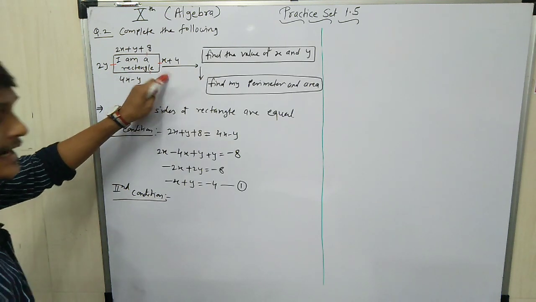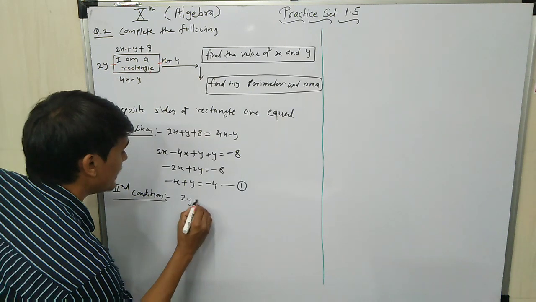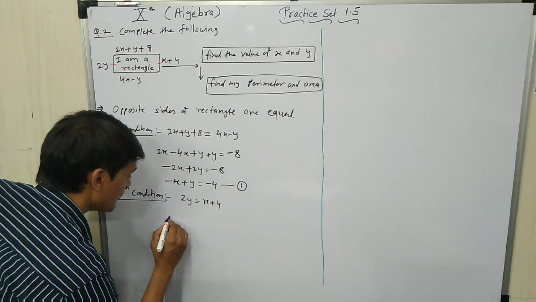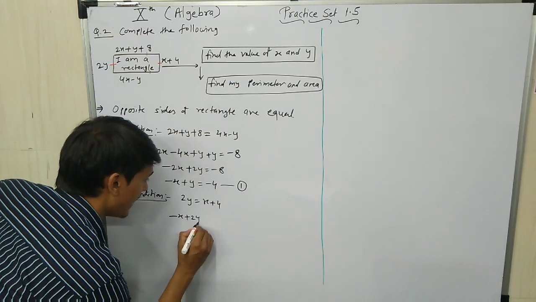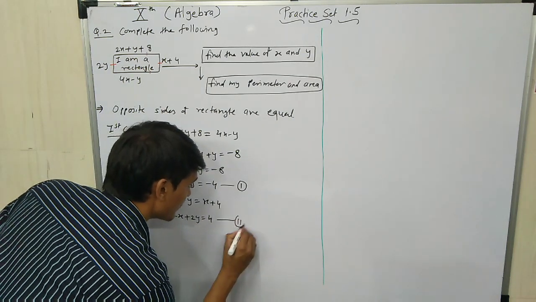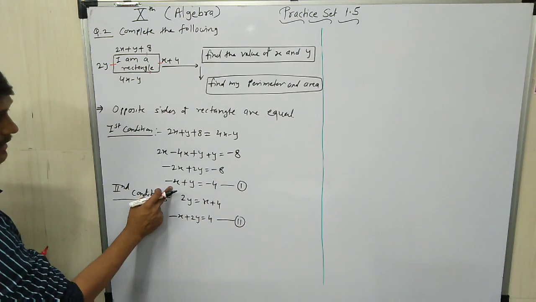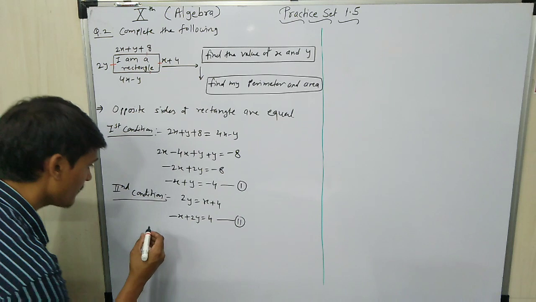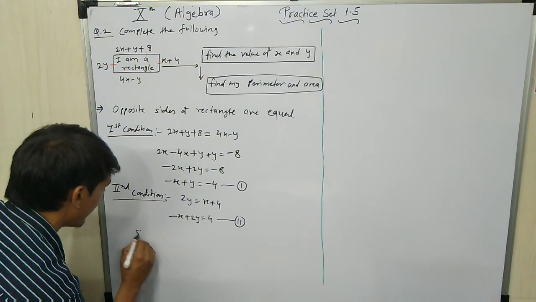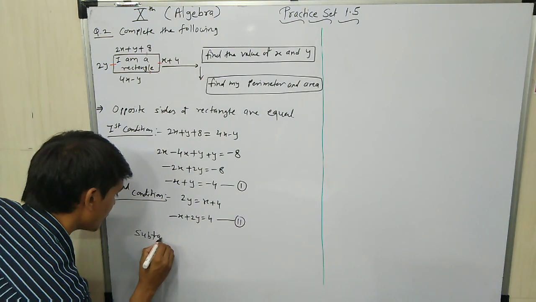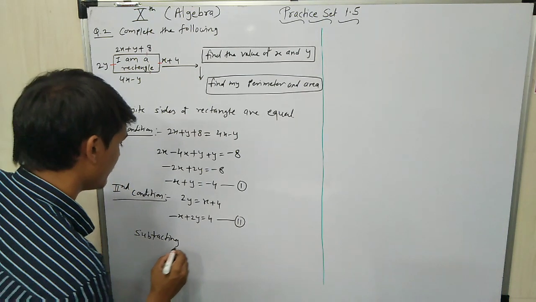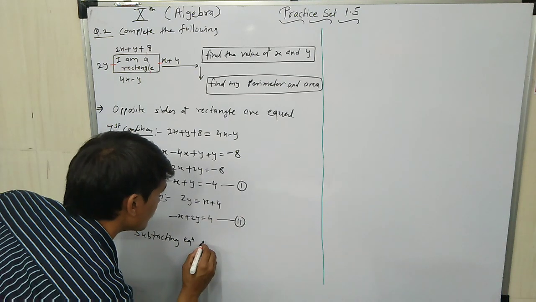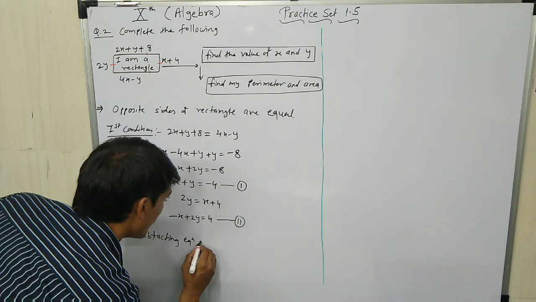This side is equal to this side, then write down here 2y is equal to x plus 4, x, there is plus, minus x plus 2y is equal to 4. Condition number 2. There is minus, this is also minus, we subtracting equation second from 1.